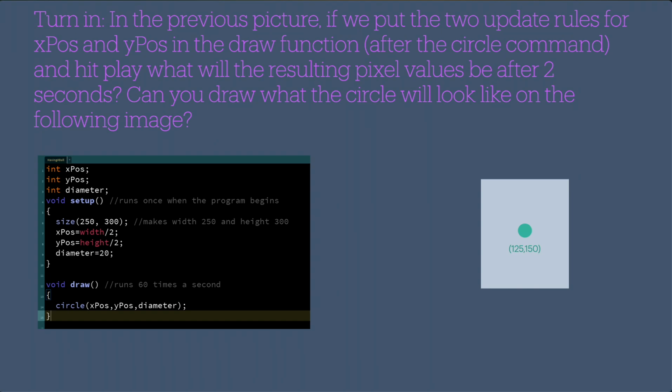If you want to not see every circle that's drawn 60 times a second, you should make a call to background as the first line of draw and just put a number in there. 0 if you want the background to be black, and 255 if you want the background to be white, and any number in between there for some variety of gray. Pause the video and try to answer this question, and I'll meet you on the next slide.